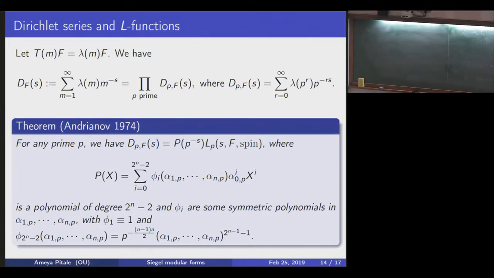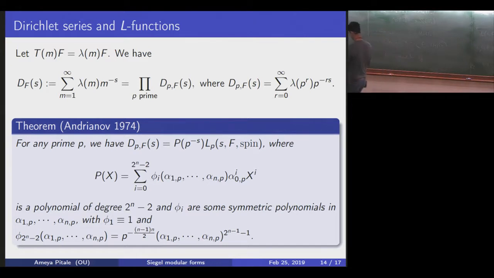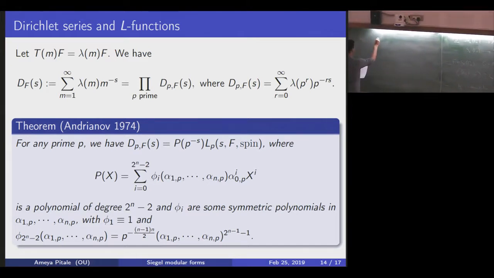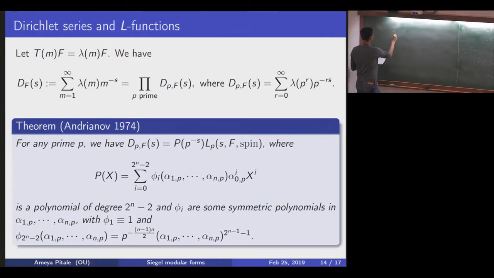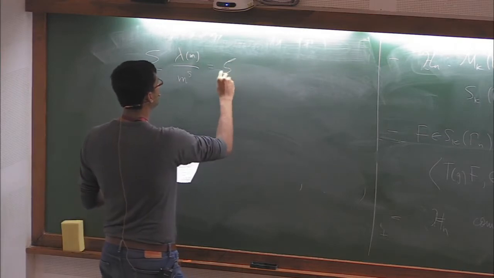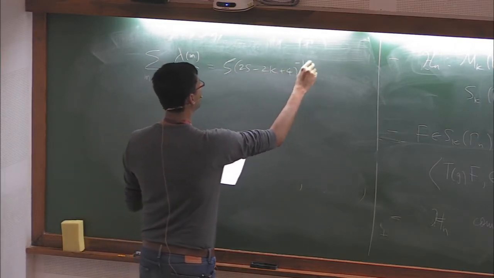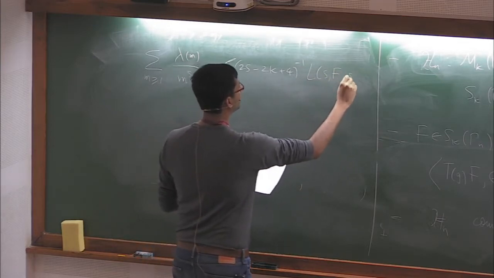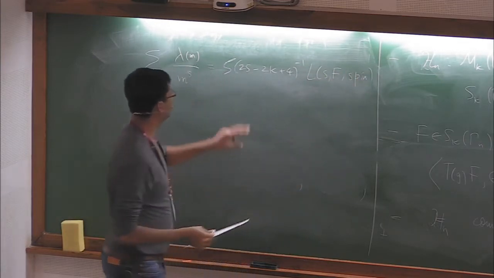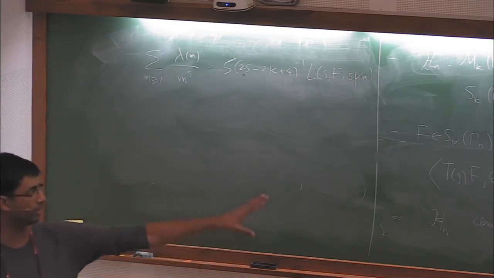And you get this very nice formula in the genus 2 case, which says the summation over m bigger than or equal to 1 of lambda(m) over m^s is zeta(2s − 2k + 4) inverse times the spin L function. Because there is a 2s here, that's the degree 2 polynomial that you see. So it's a much simpler one.